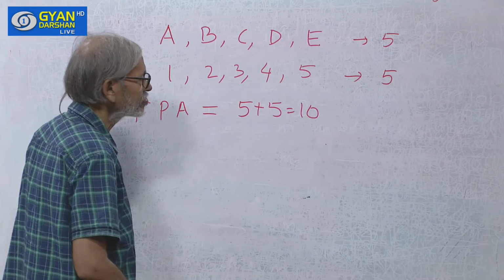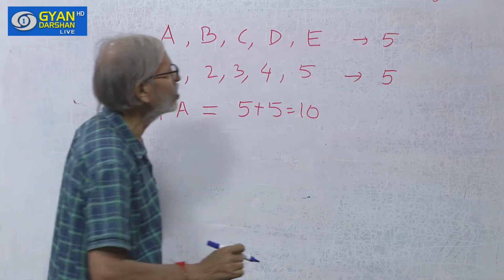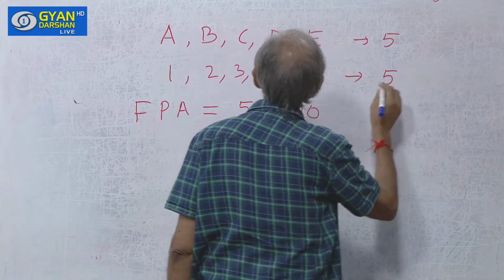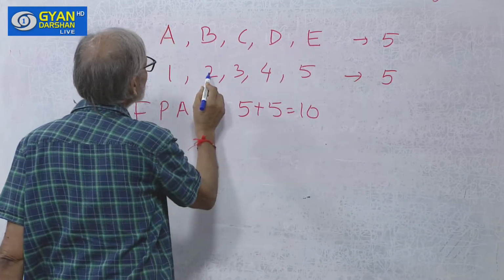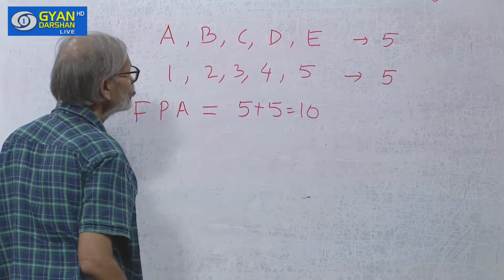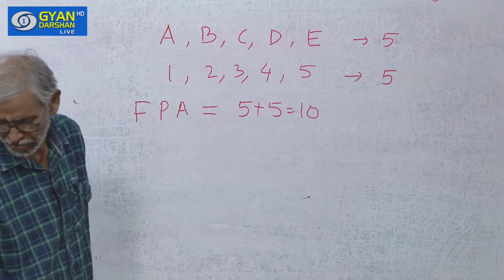It is quite understandable: 1, 2, 3, 4, 5, 6, 7, 8, 9, 10. Out of these 10 options, you have to choose one.